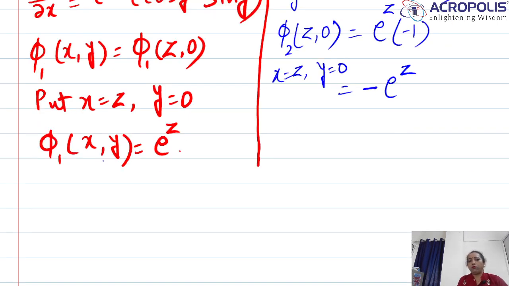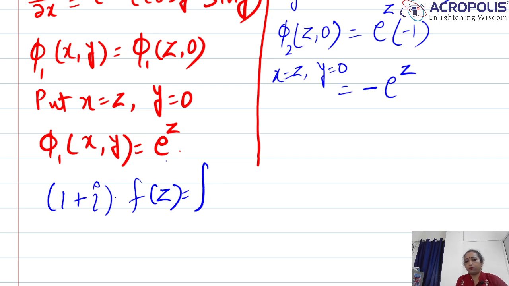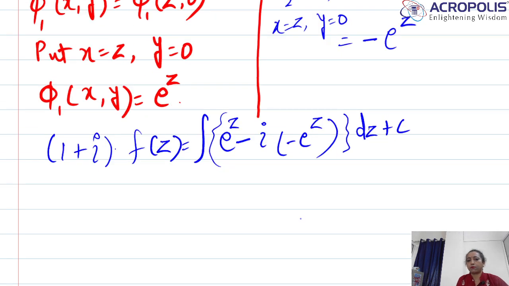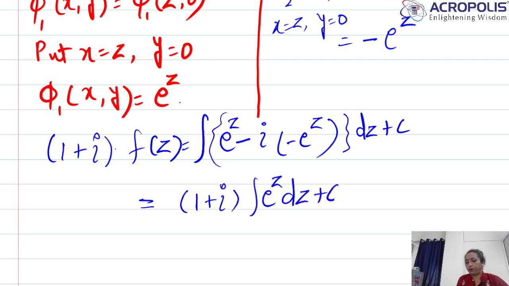Now I am applying the formula. (1 plus i) f of z is equal to the integral of, first I have to put the value of phi 1, that is e to the power z, minus i, then phi 2, that is minus of e to the power z, dz plus c. So we will get here (1 plus i) times the integral of e to the power z dz plus c.